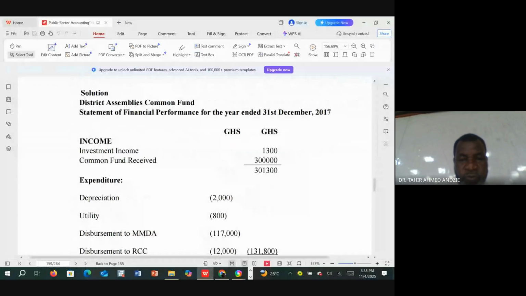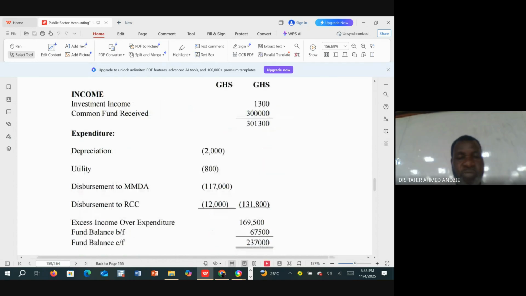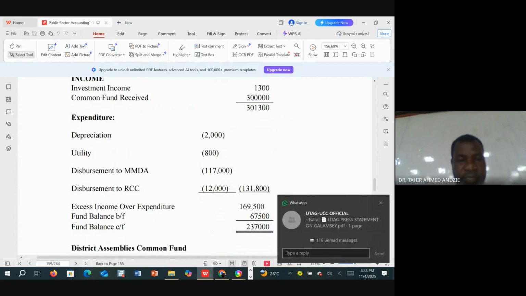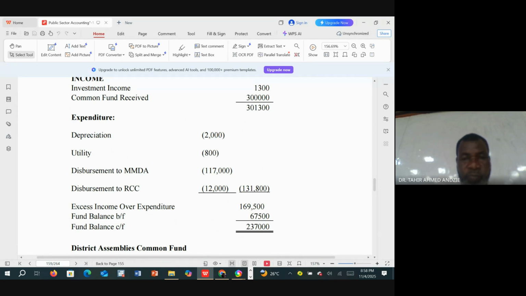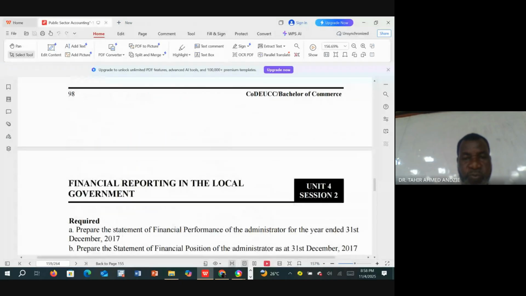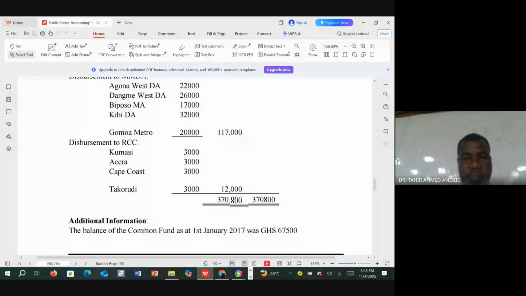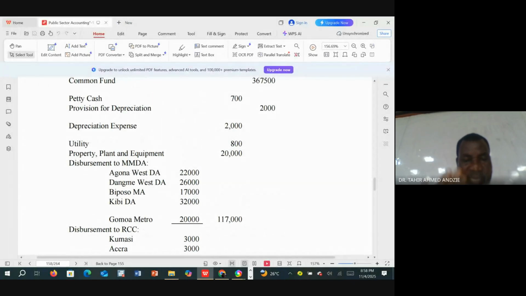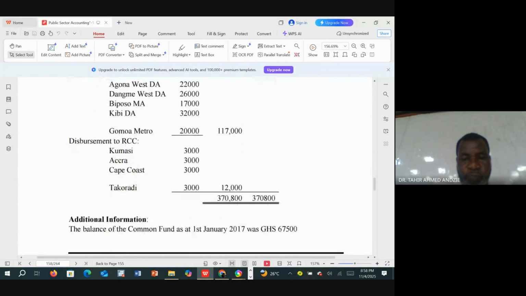So total revenue income now becomes 301,300. Now you come to the depreciation. The annual depreciation is 2,000, because we are told that depreciation for the period is 2,000. That is the depreciation expense, 2,000.